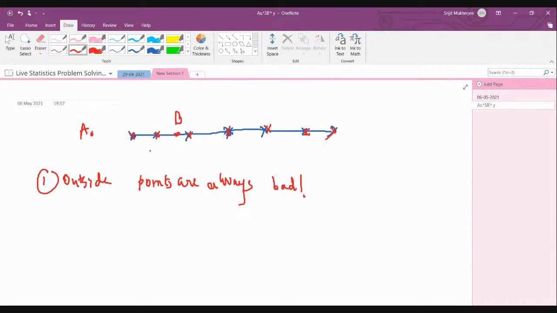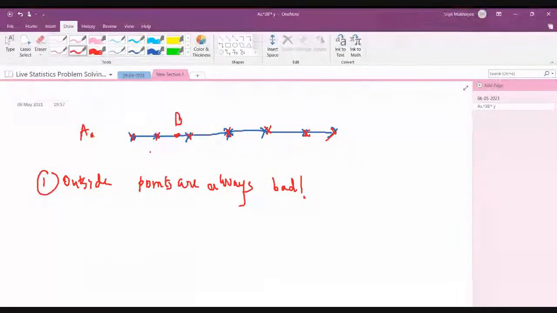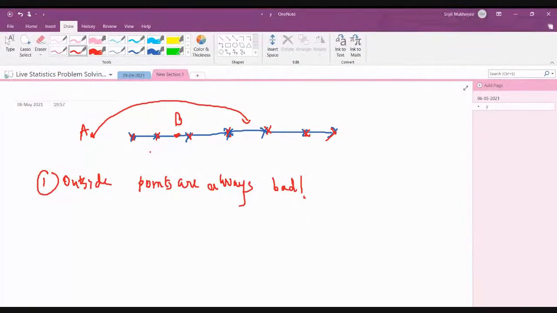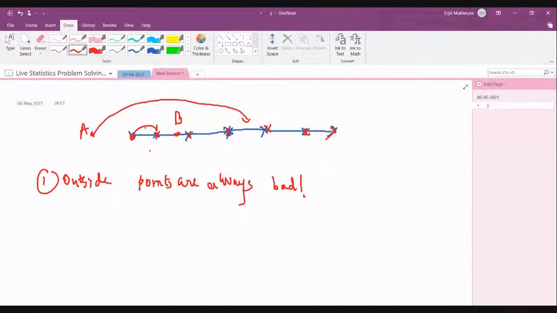Yeah, it's simple: the distance from this point to any point on the line is always greater than the distance from this point to that point. So let's say it's called A1, and let's say it's any x over here.